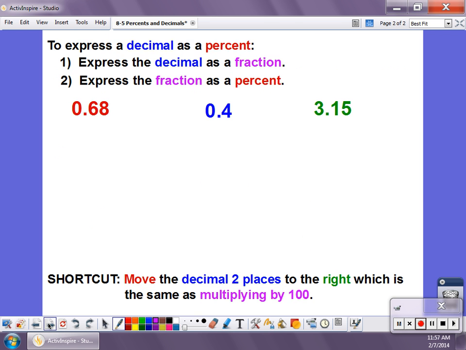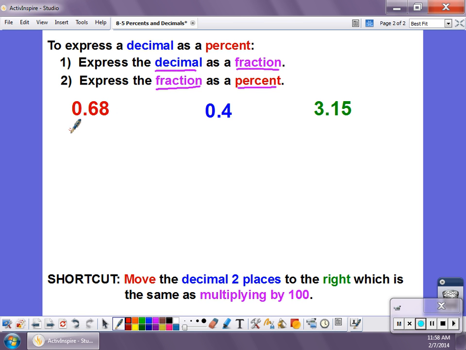Okay? Now, to change a decimal to a percent, we're going to use the same ideas. The first thing we're going to do is write our decimal as a fraction. Using our place value, we know our denominator will either be 10 or 100 or possibly 1,000. And then we're going to change that fraction into a percent. So let me show you. 68 hundredths, that's how we would say this.